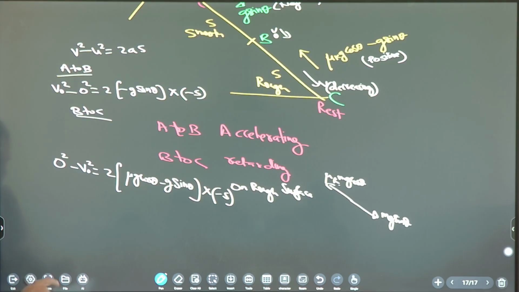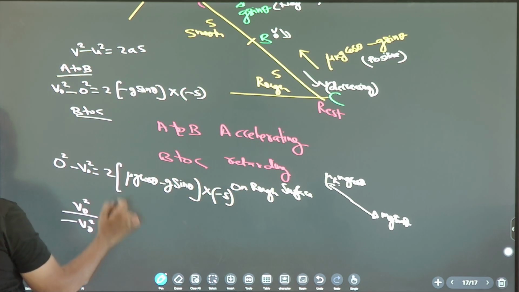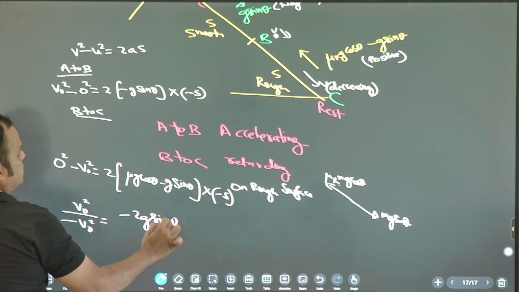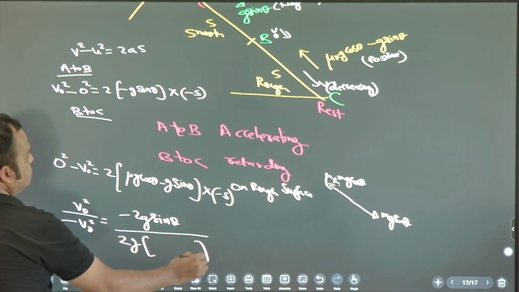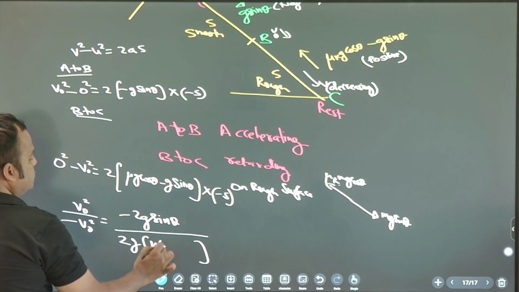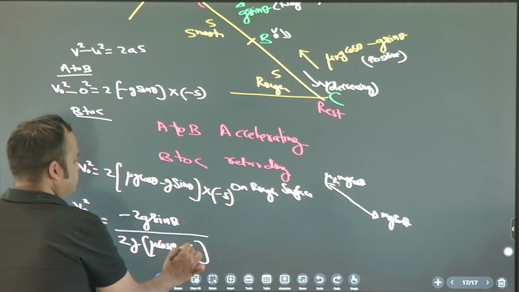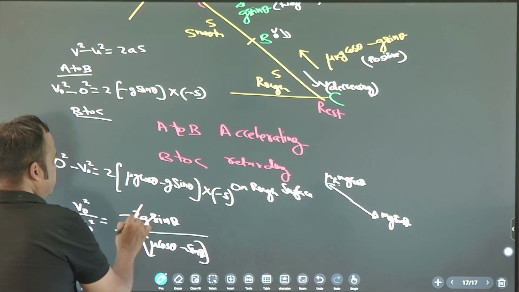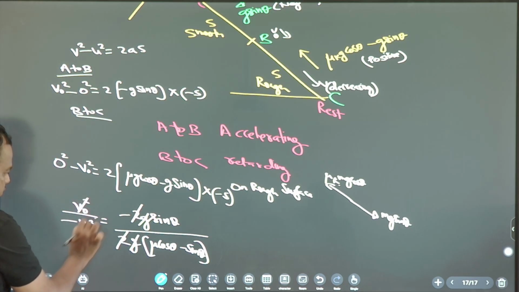Divide these two. In your formula diary also you write this formula. So v naught square by minus v naught square. Minus s cancels. So this is minus 2g sin theta divided by 2g, g common, mu cos theta minus sin theta. 2g cancels, v naught square cancels.